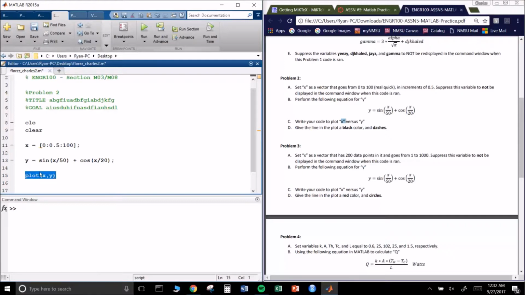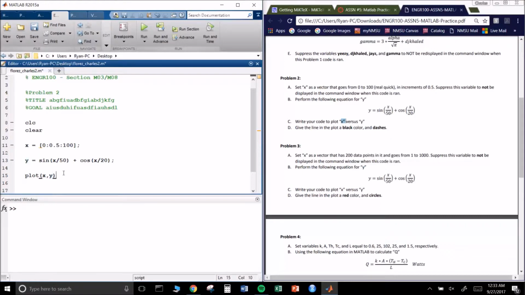This is how you would write it. Your independent variable will go in this slot before the comma, and in the second slot after the comma, you will have your dependent variable.